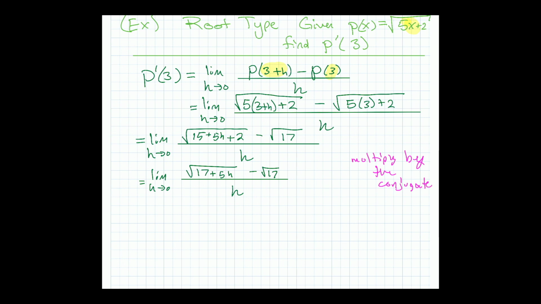They're old issues, but we're going to have to remember what we did before. So when we multiply by the conjugate, remember the conjugate is the same term that you have, like the conjugate of a minus b is a plus b, and the conjugate of a plus b is a minus b. So we're just going to write out this same thing. The only thing that we're changing is that minus sign in the middle, we're changing to a plus.